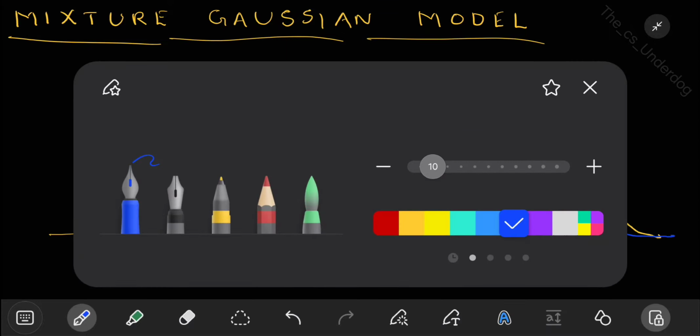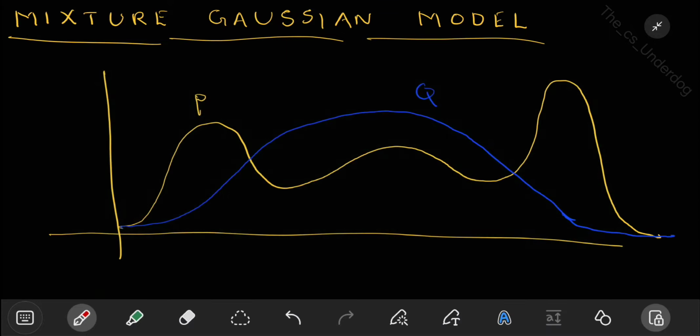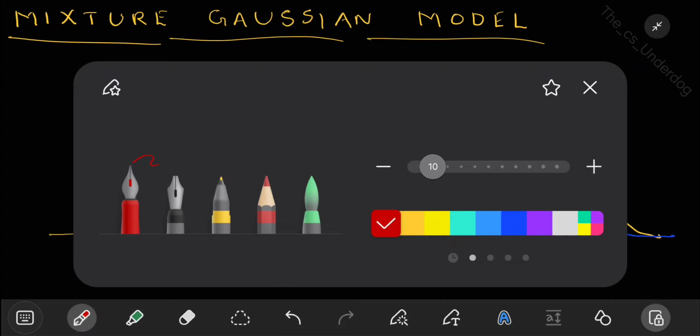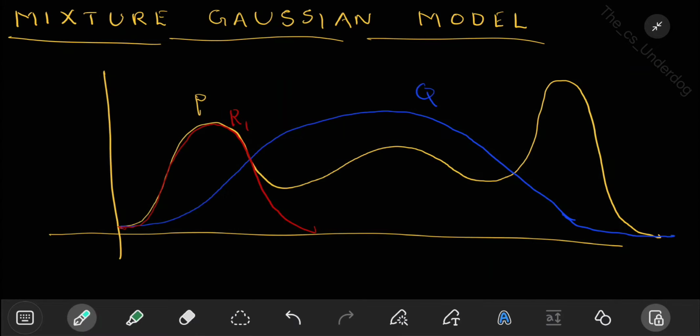And the third time I'm attempting it using mixture Gaussians. In the mixture, I can have multiple Gaussian distributions. The first one is this, which I call R1, my red distribution. Then I'll use this light bluish green for the second Gaussian in my mixture, which is maybe something like this.